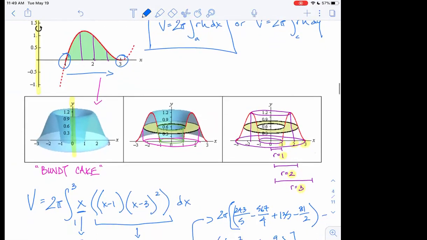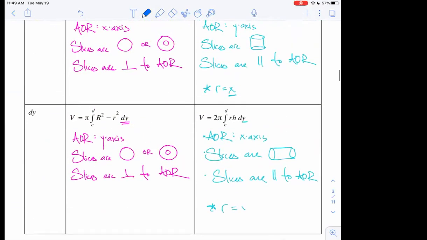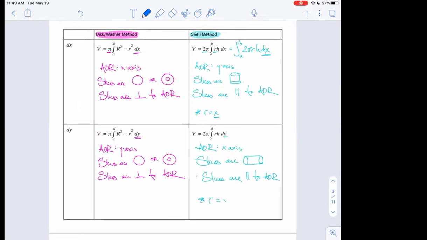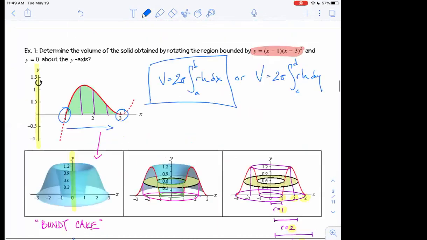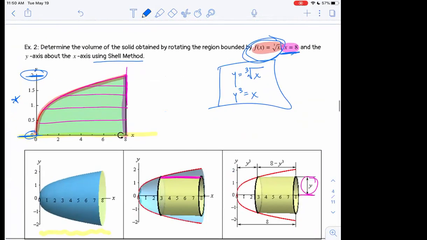Like the blue part right here, the shell method, that's really what I wanted us to practice. Just because you can use washer doesn't mean you have to use washer. So the purpose of the second practice problem was just to reinforce, okay, how do we look at this and see cylinders rather than circles?